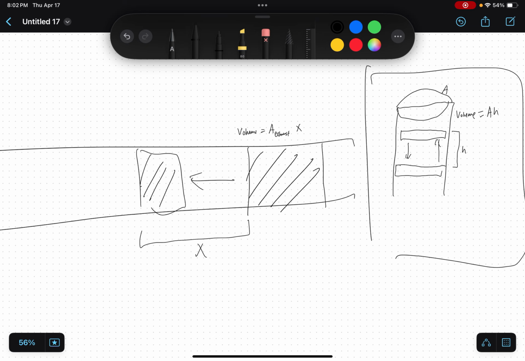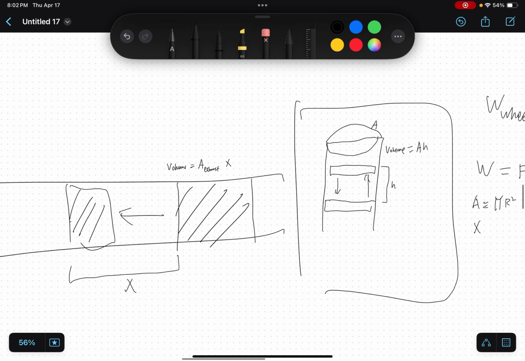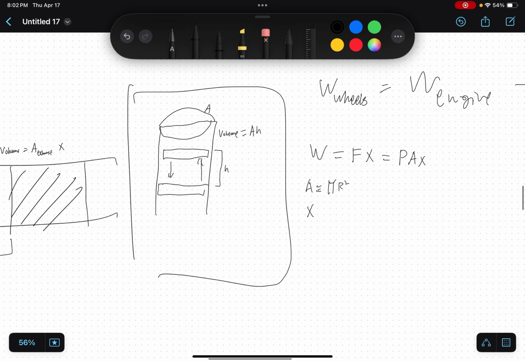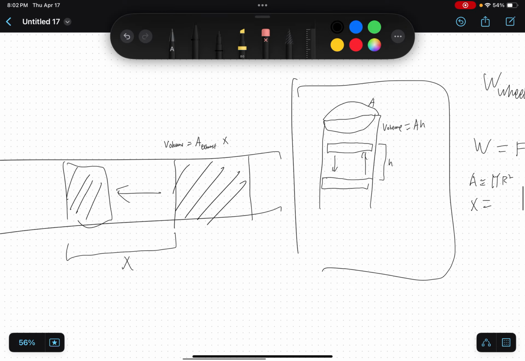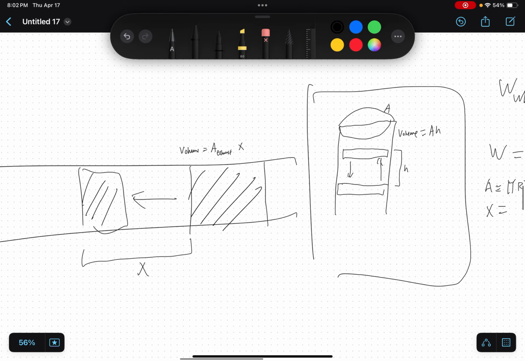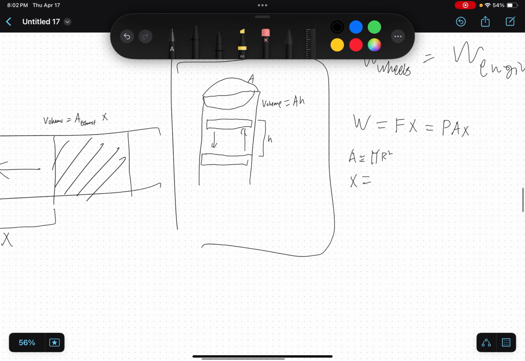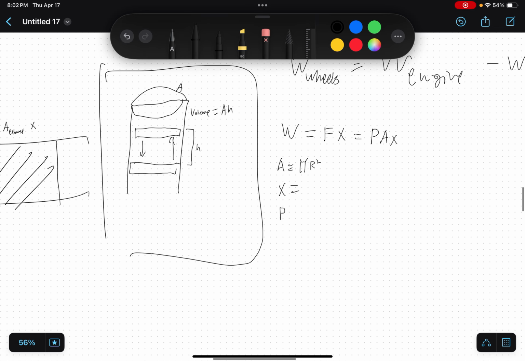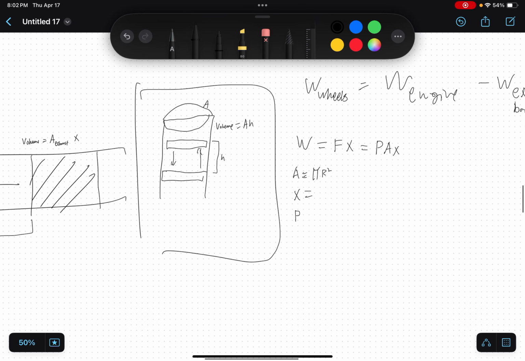So far, I think it's pretty straightforward. X is, I don't even know what to write for it, but you get the idea. Cool. And then the pressure, this is the most complicated one. But it's not really that complicated.